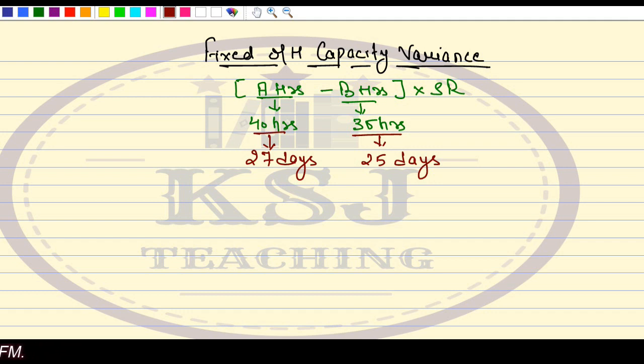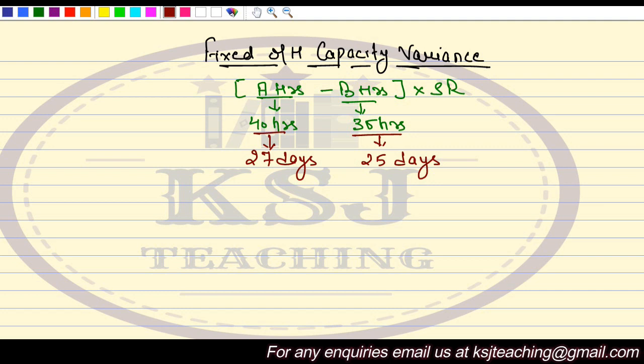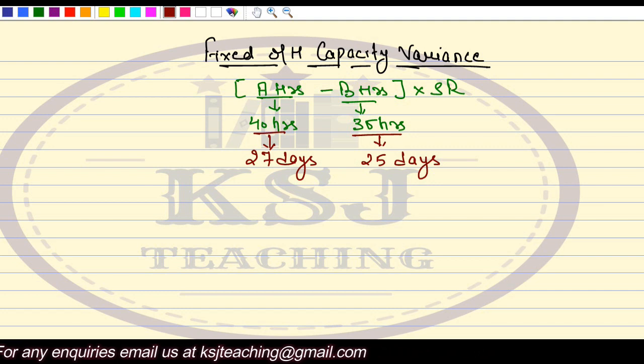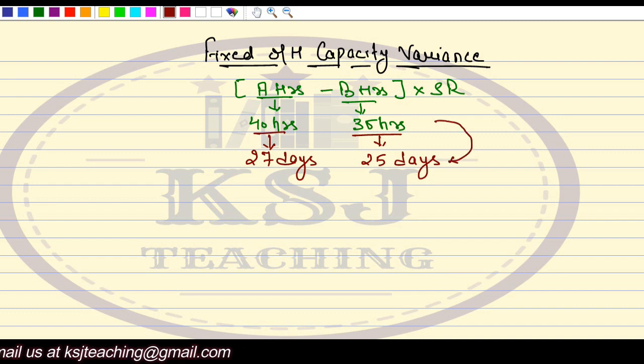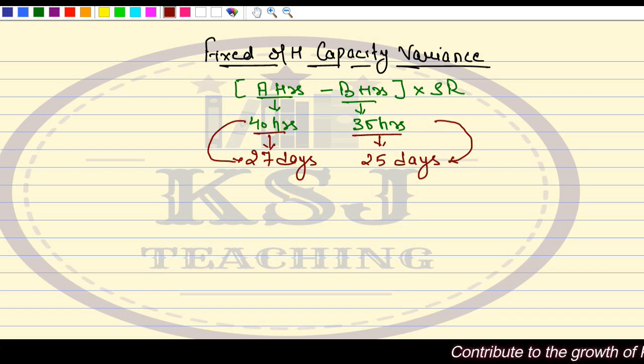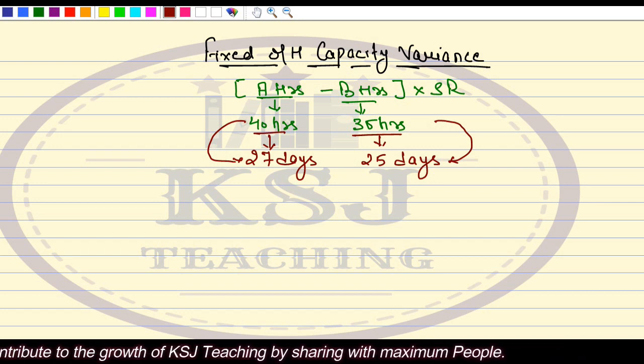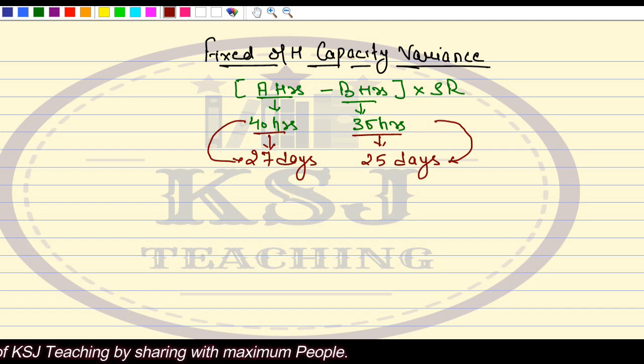Can we say that he has worked more actual hours than the budgeted hours? Now, the comparison is not possible. Why? Because the budgeted hours are set for 25 days, whereas the actual 40 hours are for 27 days. So this comparison is not relevant. Clear?